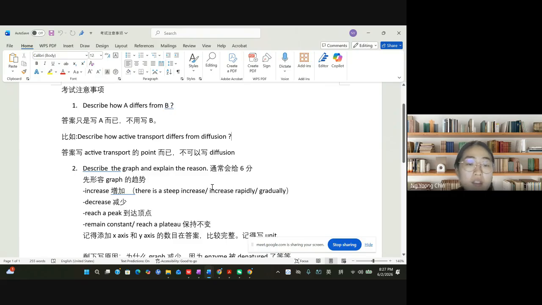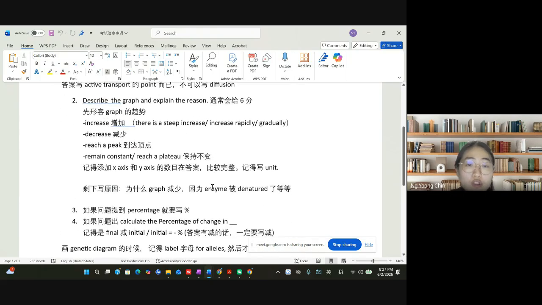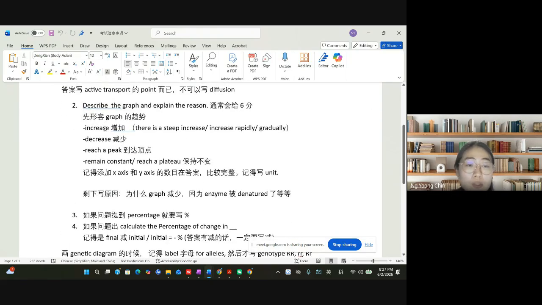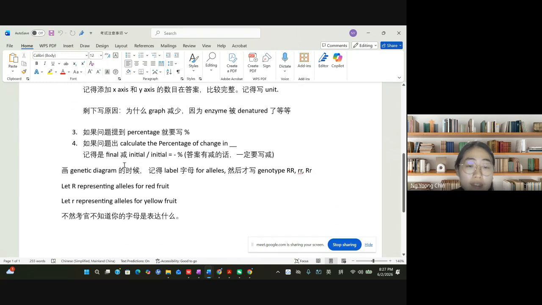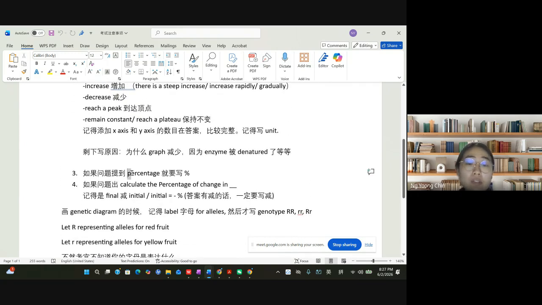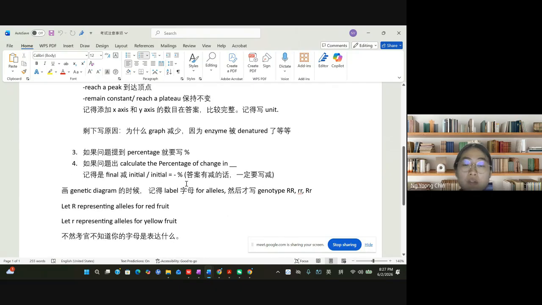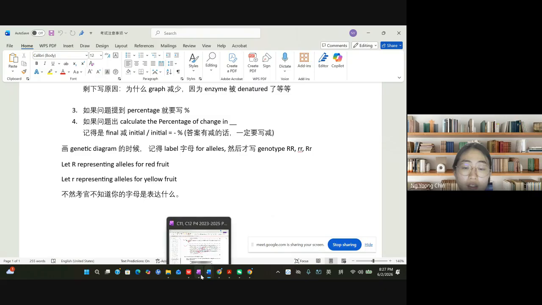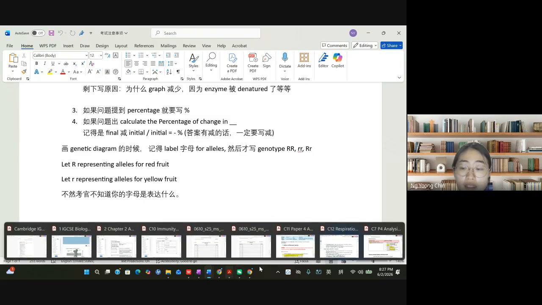Okay, and then describe the trend of the graph. See, show whether it is increasing or decreasing, and what they are counting. Okay, so whenever the question asks about the percentage, you need to write about percents. Yeah. And then whenever you want to calculate the percentage change in the mass, it's final minus initial.